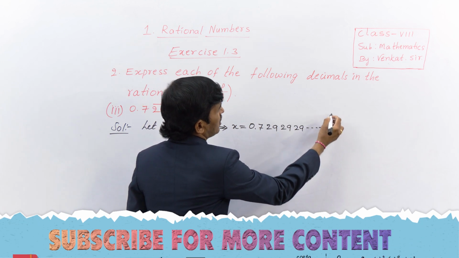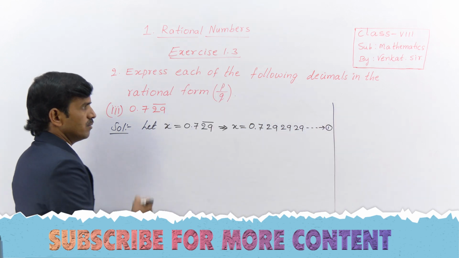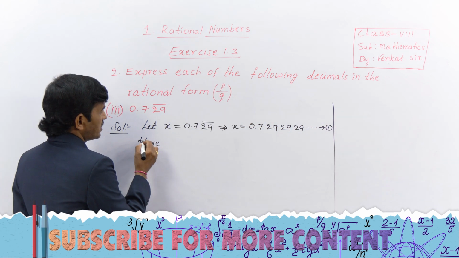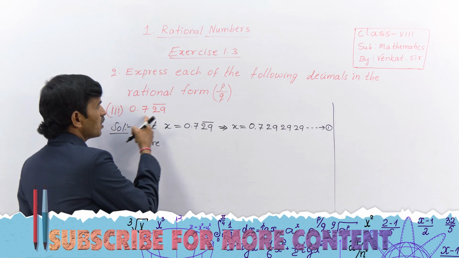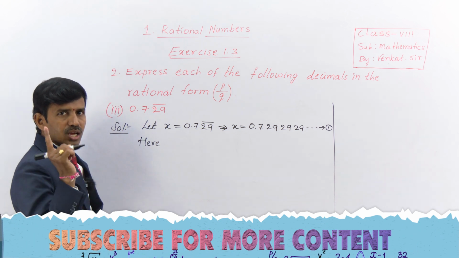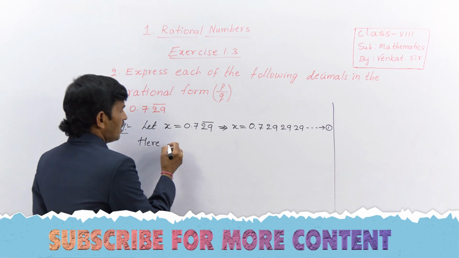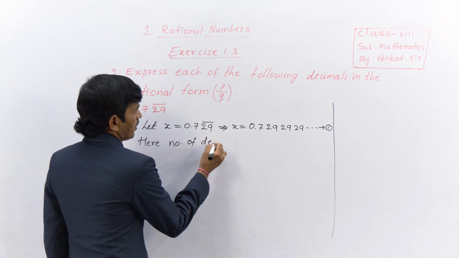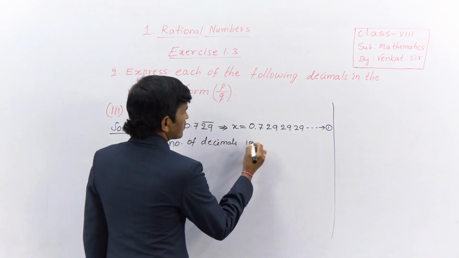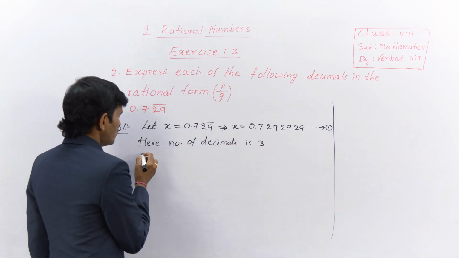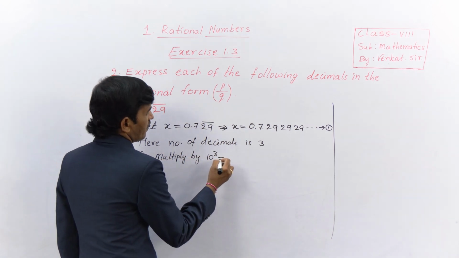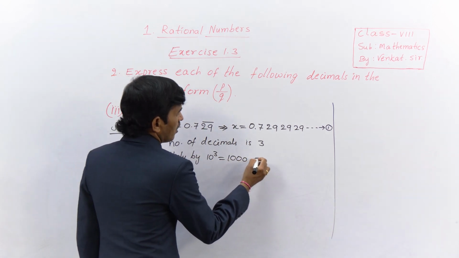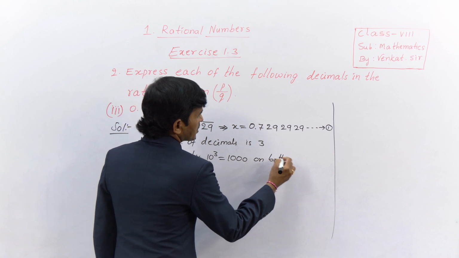Let it be equation number 1. Now observe what the periodicity is here: 2. But after the decimal point, how many digits are there? Total 3. Here the number of decimals is 3. So multiply by 10 power 3, which is 1000, on both sides.